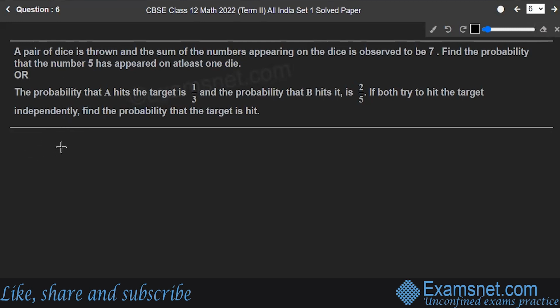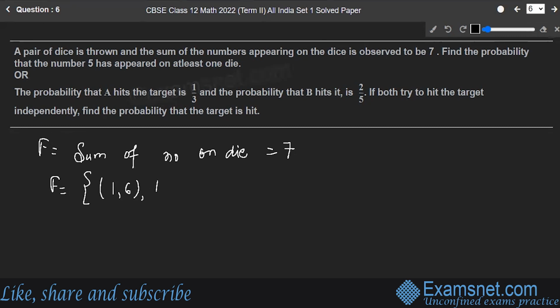Okay. So let F be defined as the event in which the sum of numbers on the dice is equal to 7. So what is the sample space for F? What are the probable values on both the dice? If the first die is having 1, the other one will have 6. If the first one is having 2, this will have 5; 3, 4; 4, 3; 5, 2; 6, 1.